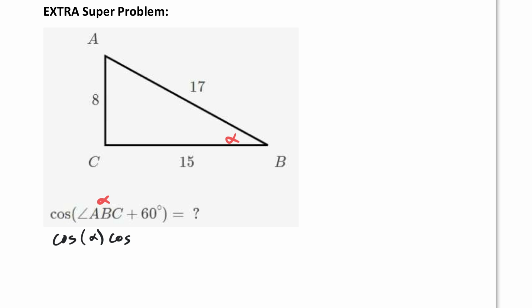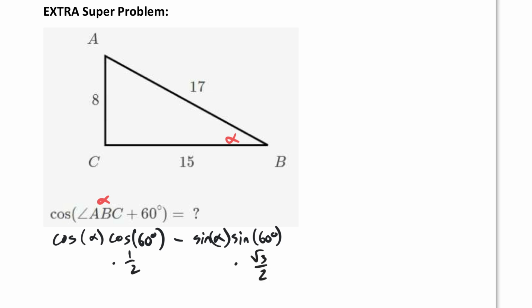Oh, but beta is 60, so we could put cos 60 minus sine alpha sine 60. Okay, well, we know cos of 60. Cos of 60 is 1/2. Sine of 60 is root 3 over 2.